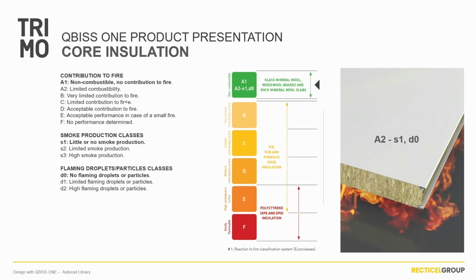When speaking of core insulation, we offer a non-combustible Class A1 mineral wool. It is an insulation material made of melted stone of volcanic origin and then fiberized. It is considered a recyclable component.